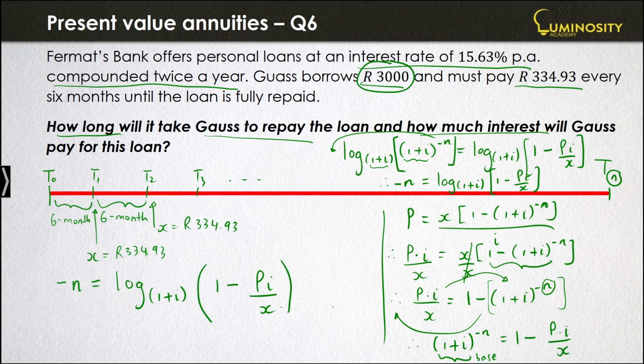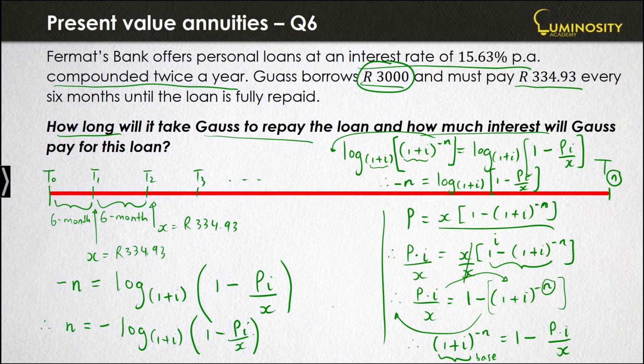Notice I'm not doing each step by substituting the numbers and finding them because I'll get rounding off errors. So I'm trying to algebraically solve for n so I can put everything in at once. Okay, and then lastly, to get rid of that negative sign, I'm going to multiply or divide both sides by negative 1. So I'm going to have negative log base 1 plus i of 1 minus Pi over x.